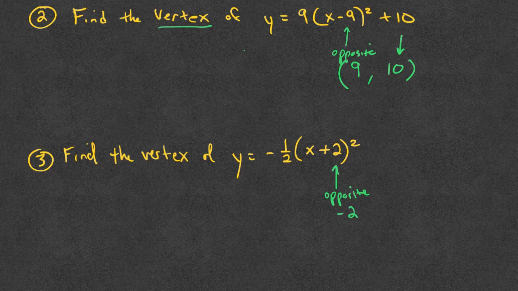And where up at the top we had positive 10, here you have to imagine an imaginary plus 0, which isn't written explicitly, but that'll give you your second value. And then that's your vertex. So negative 2, 0.